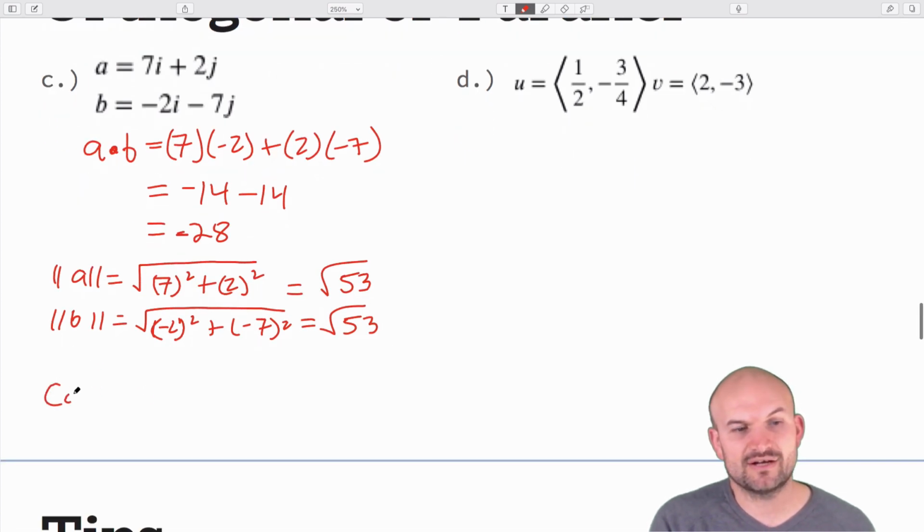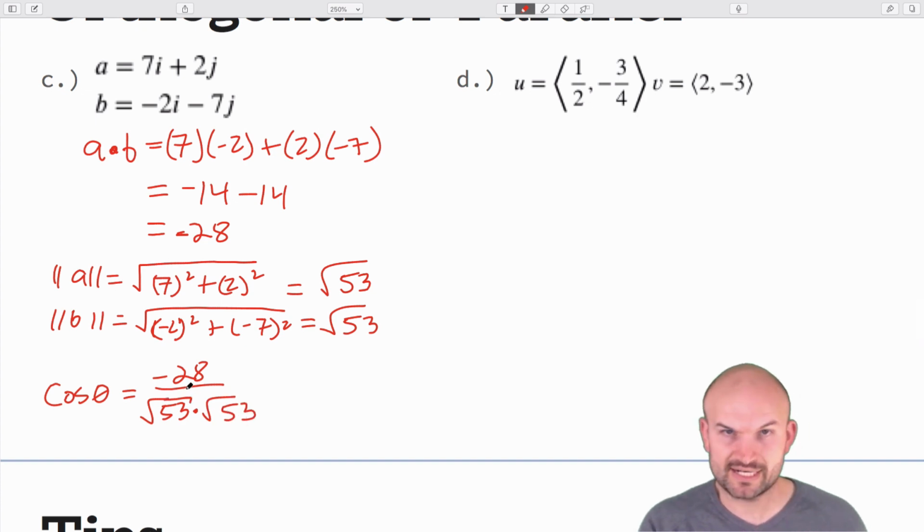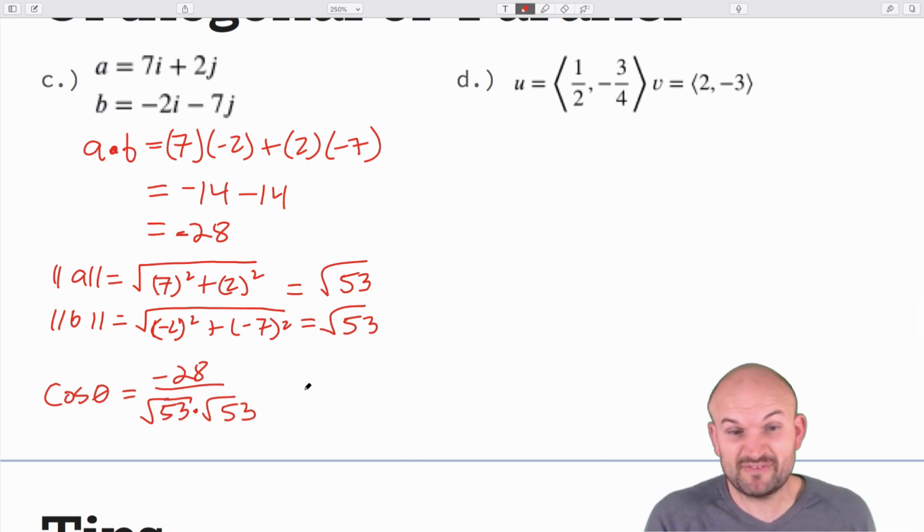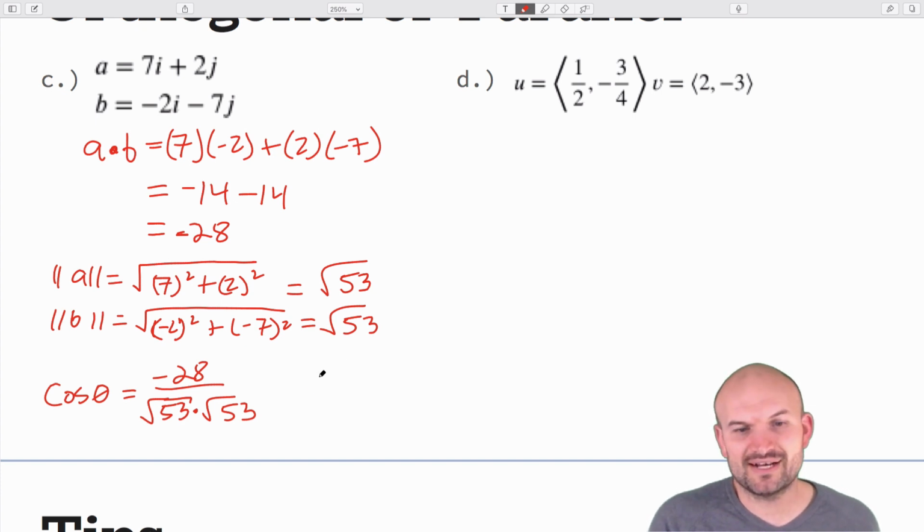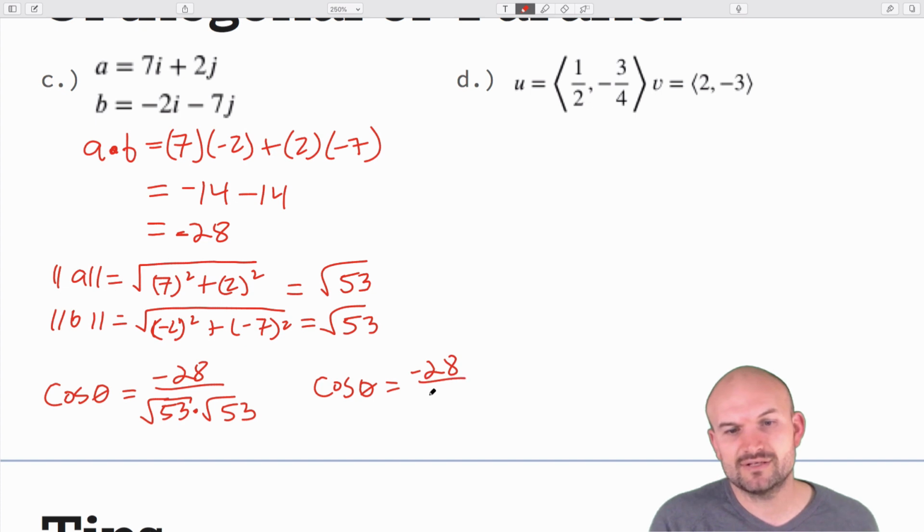Now, when I want to find this angle here, I'm going to have the cosine of theta is equal to -28 over square root of 53 times the square root of 53. Now, let's think about this for a second. The square root of 53 times square root of 53 is just going to be 53, right? So therefore, I can also rewrite this as the cosine of theta equals -28 over 53.